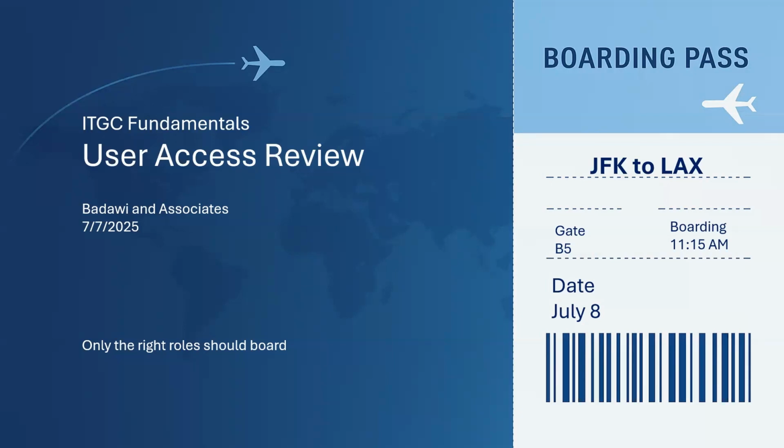And the other, which has always been essential, is the user access review. It is the final line of defense in the majority of IT departments, really in all of them, in ensuring the appropriateness of access.